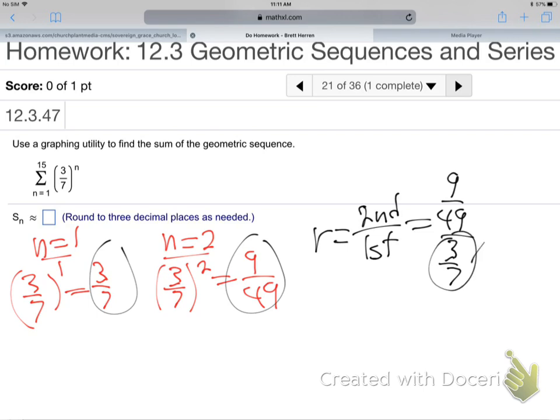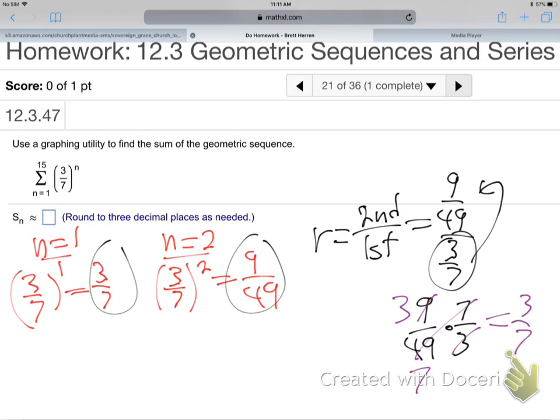So grab that 3/7, flip it up. 9/49 times 7/3. 7 into 49, 7 times; 3 into 9, 3 times. It's 3/7. It's the same thing. So the R is 3/7. The first term is the A1. The first term is 3/7. The R is 3/7. We're ready to go now.